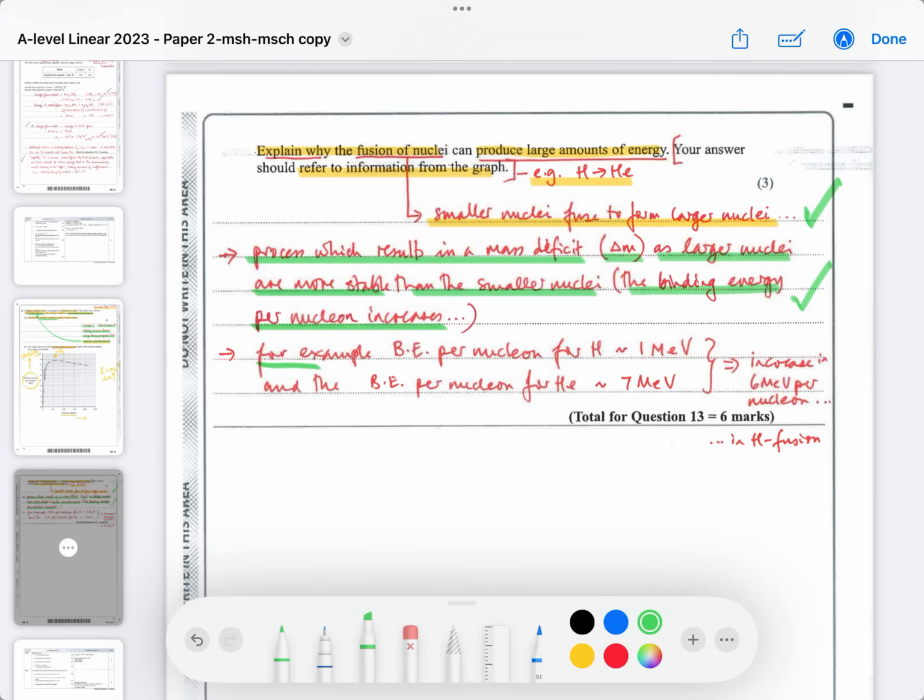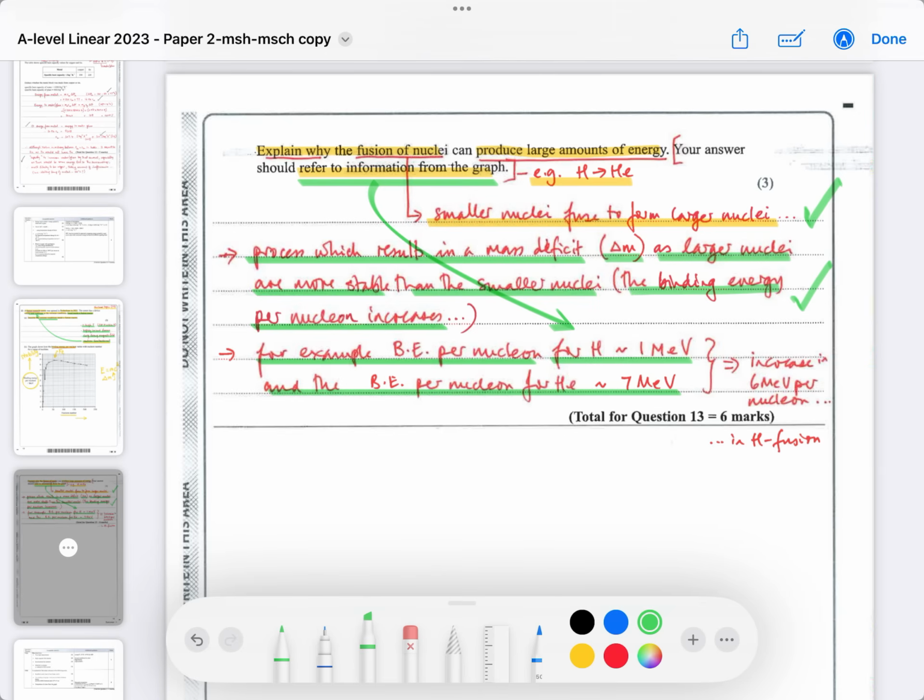Now, for example, binding energy per nucleon for hydrogen is about 1 mega electron volt. So we're now referring to information from the graph, which is what they're talking about. And the binding energy per nucleon for helium is much higher, about 7 mega electron volts.